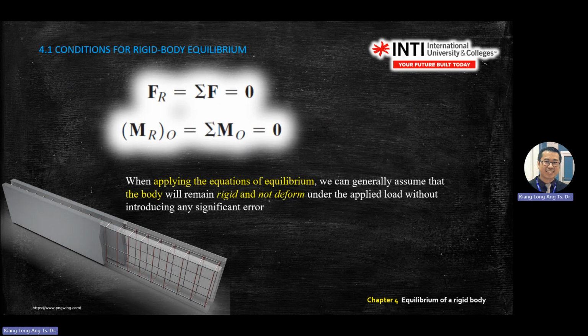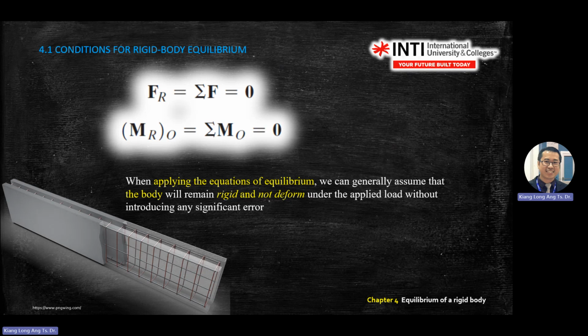Okay. So when we apply these two equations or equation of equilibrium, we assume that the body is rigid and do not deform. We assume that the object that we analyze is rigid and do not deform. So in your lab report also, you can mention this one in your results, because you also have error in your results, and in your report also you need to make comparison between your theory value and your experiment value.